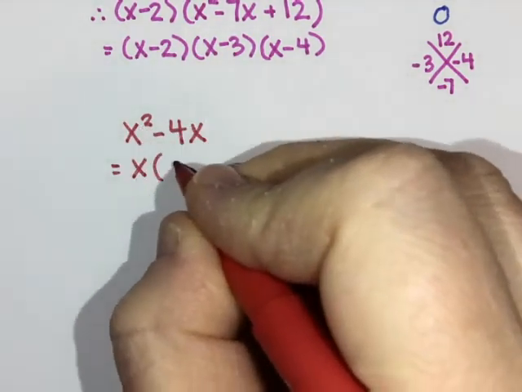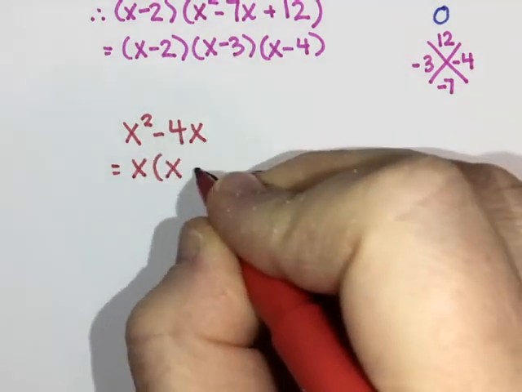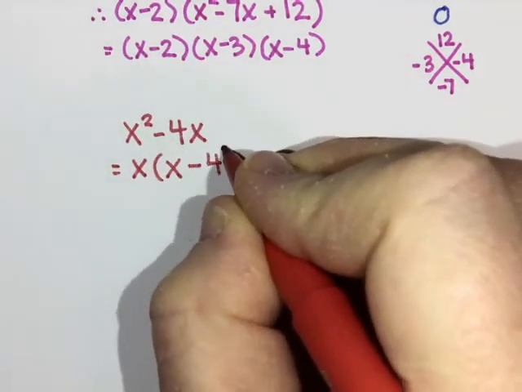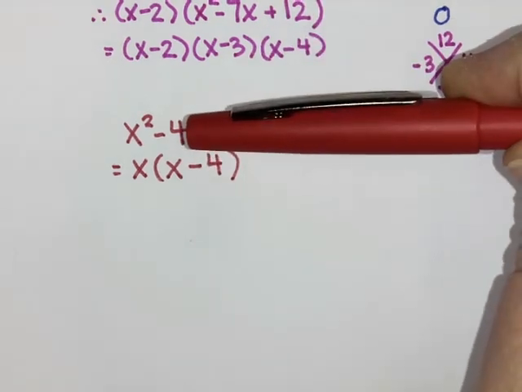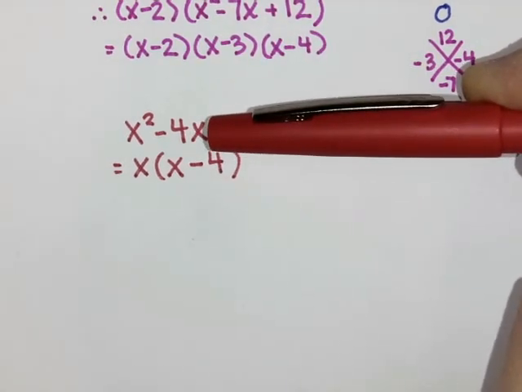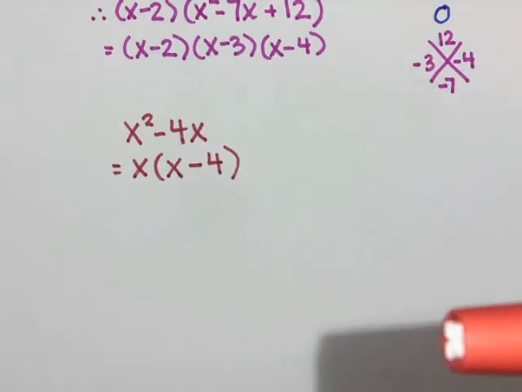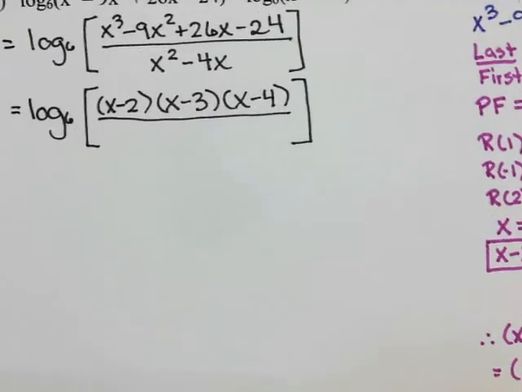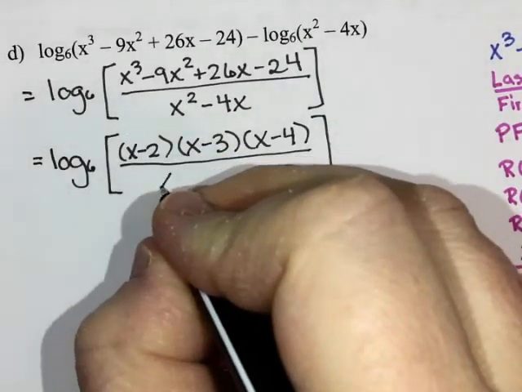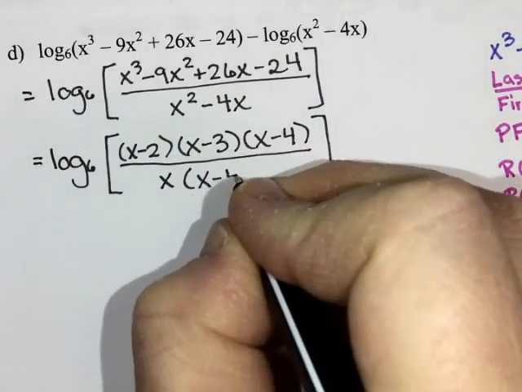So x squared divided by x is x. Negative 4x divided by x is negative 4. It does look like a difference of squares. If it didn't have the x, it would be a difference of squares, but because it has the x, it has a common factor instead. So this is just x times x minus 4. So that means my denominator here is x times x minus 4.